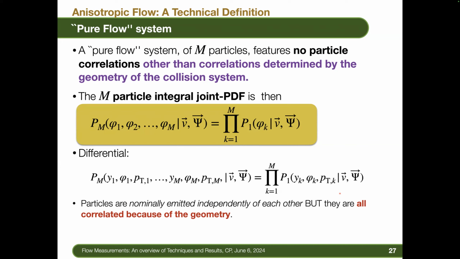So pions and kaons that would be produced essentially independently of one another, except for the fact that their direction of production is driven by the geometry. So this is what we call pure flow. And evidently we are going to see additional contributions to the particle correlation, leading to what we call non-flow.